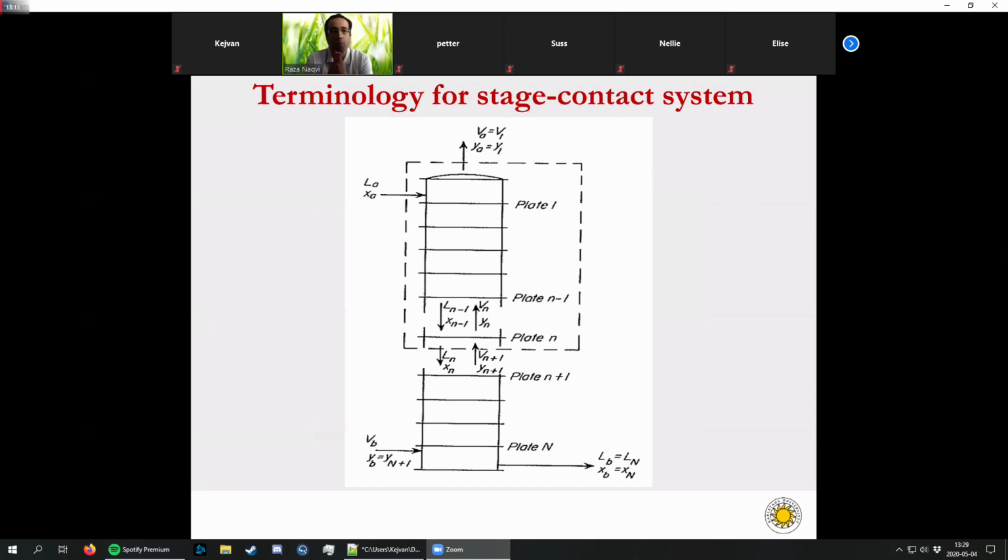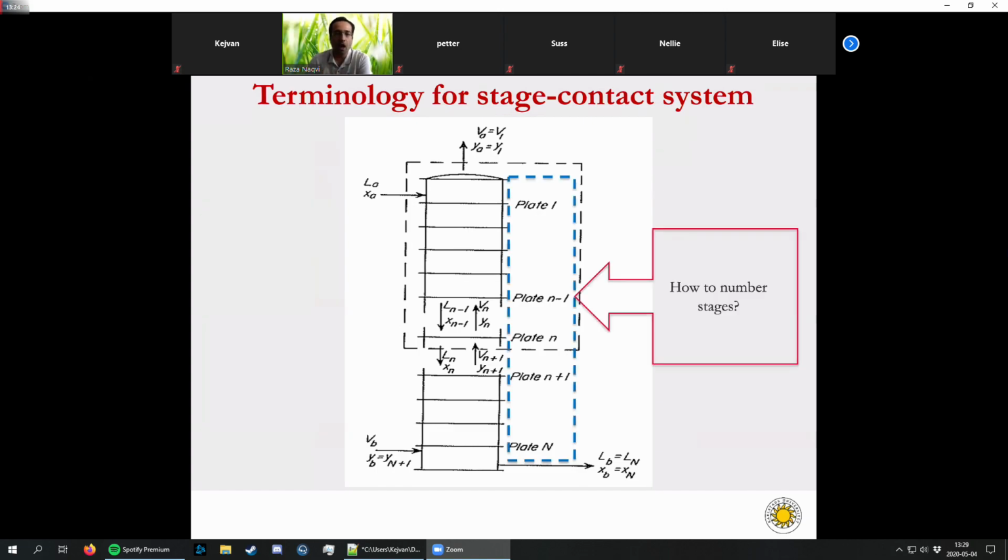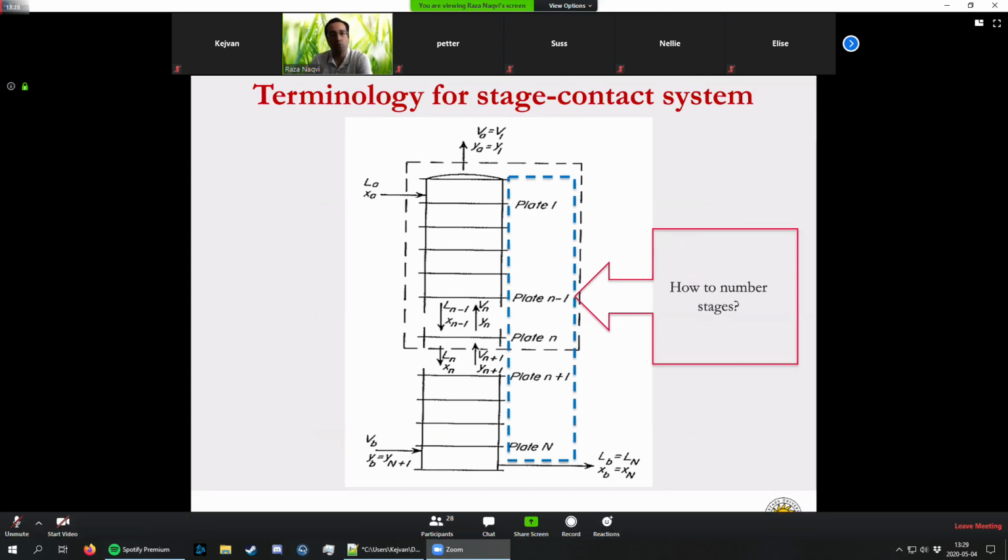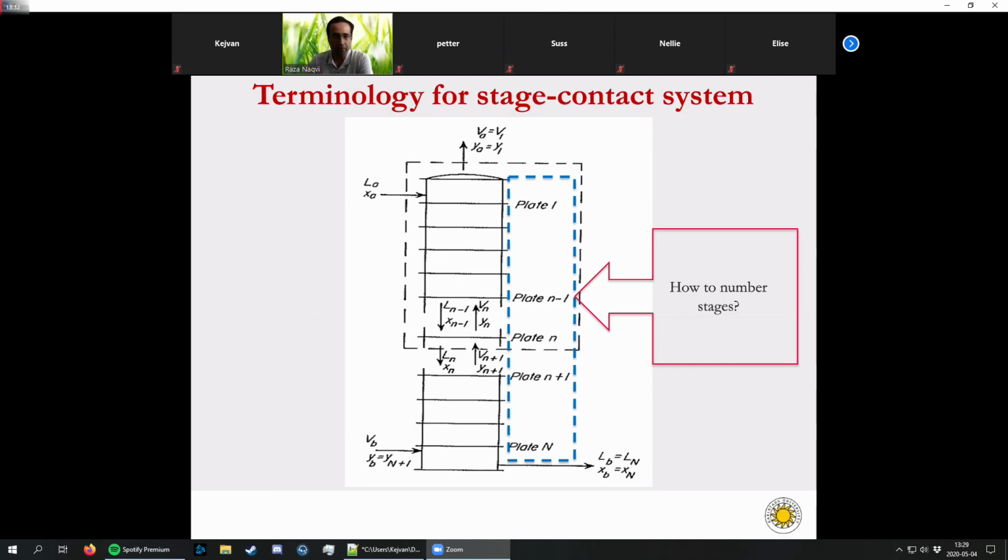Now there is one important question that comes to our mind when we plan to work with stage systems or equilibrium stage systems. The first part is how we number the stages, right? How do we know the name of the plate, the size of the plate, the efficiency of the plate?